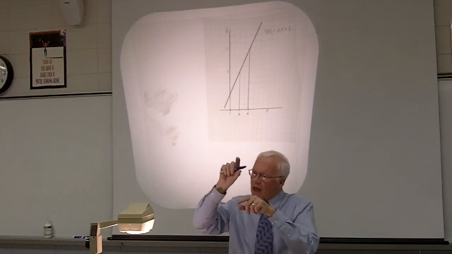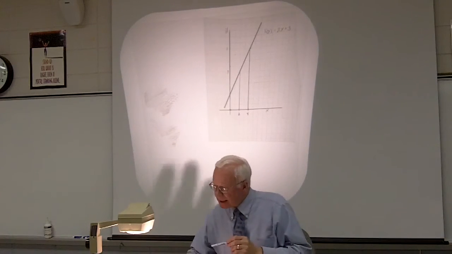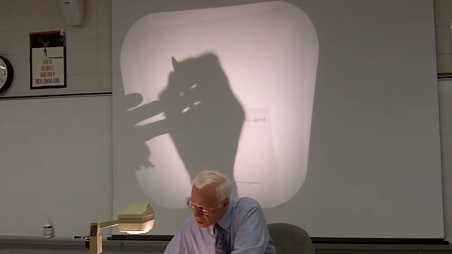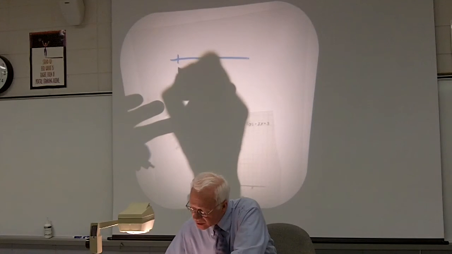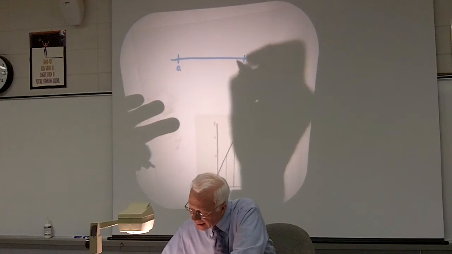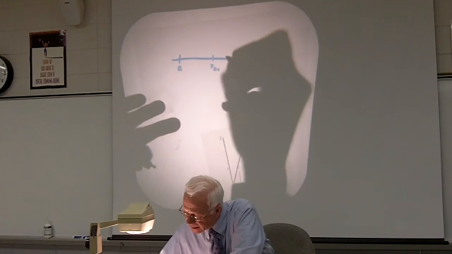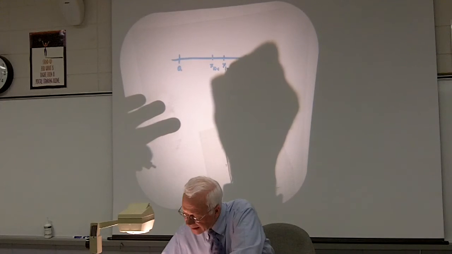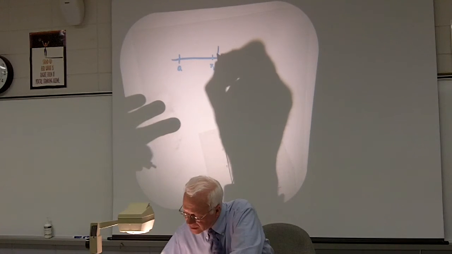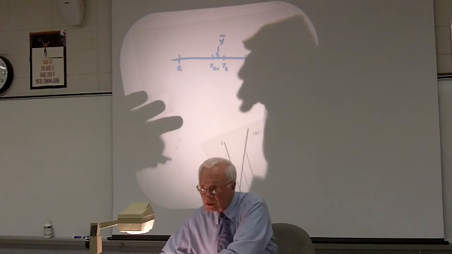It's a point in an interval, so we have all these intervals like this. This is A and this is B, and somewhere in between here we have x sub k minus 1, and then over here is x sub k, and then x bar is someplace in here.